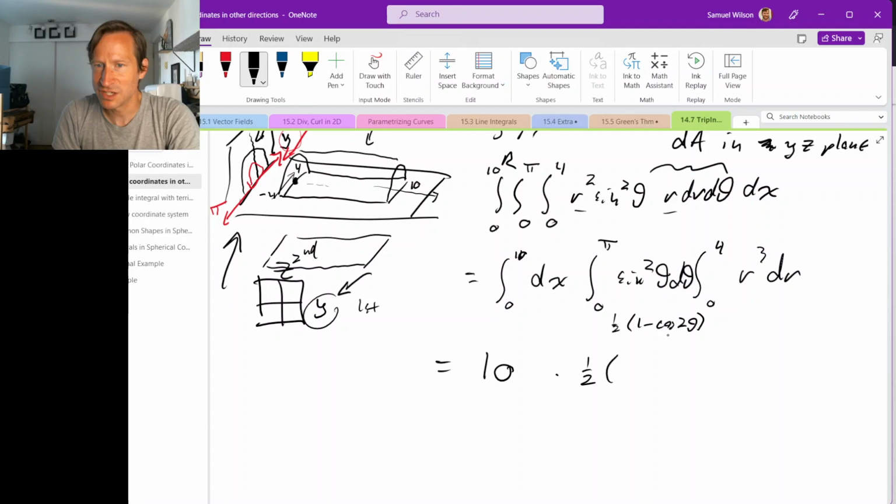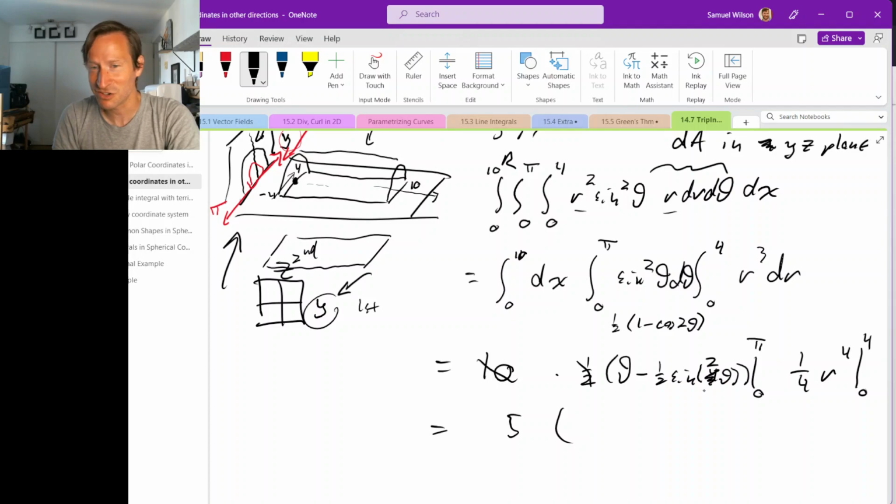When we start plugging our bounds into this stuff, well, sine of 2 pi and sine of 0 are both 0, so the sine part doesn't contribute anything, and this theta part just gives us a pi. And then when we evaluate things over here, we get 1/4 times 4 to the 4th minus 0.